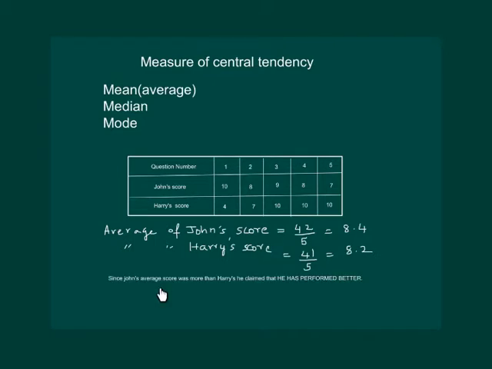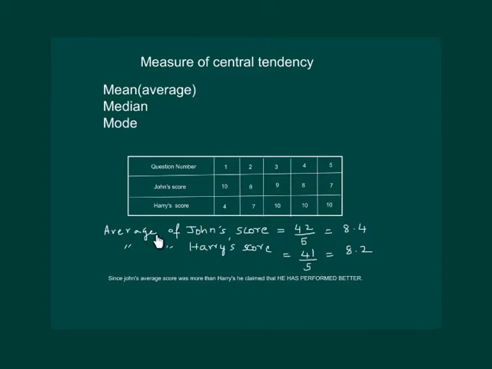Since John's average score was more than Harry's score, he claimed that he has performed better. So we see how average can help for certain conclusions.